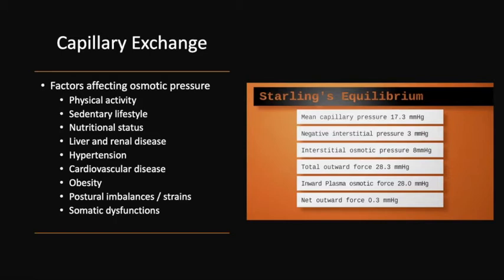What's trying to keep fluid in the capillaries is the inward plasma osmotic force in the blood itself, which has a pressure of 28.0 millimeters of mercury. So when we do the math, the net outward force is a very, very small leakage, if you will, of 0.03 millimeters of mercury.